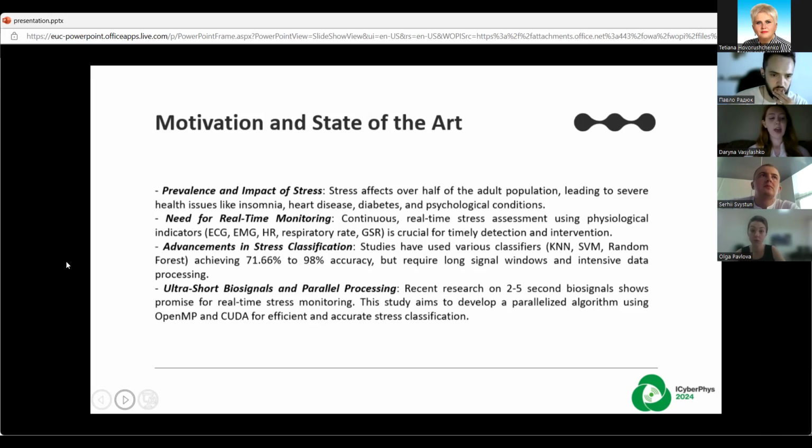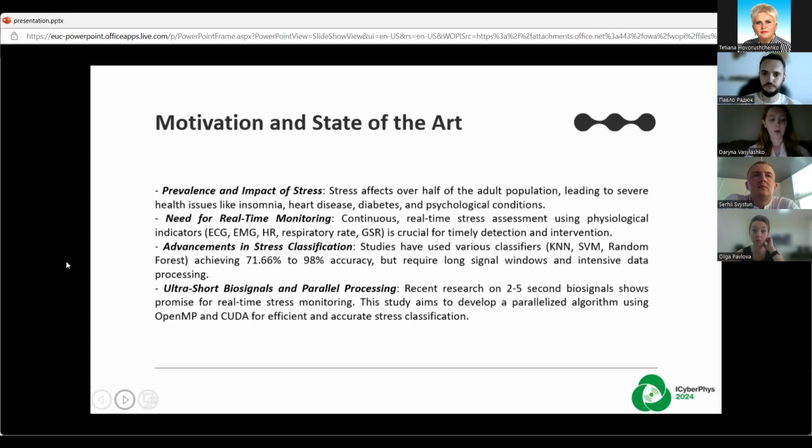systems. Effective stress monitoring requires continuous real-time assessment using physiological indicators like EKG, myography, heart rate, respiratory rate, and GSR. Current research has explored various methods for stress classification, achieving accuracies between 71 and 98% using different signal processing techniques and classifiers.